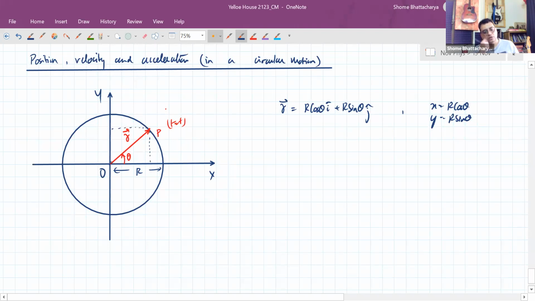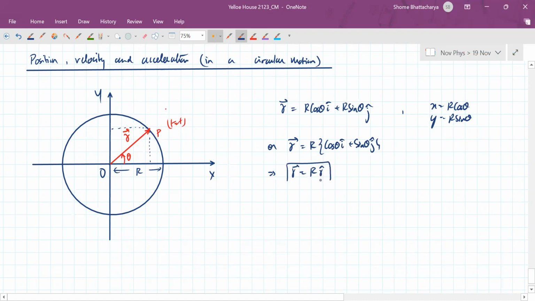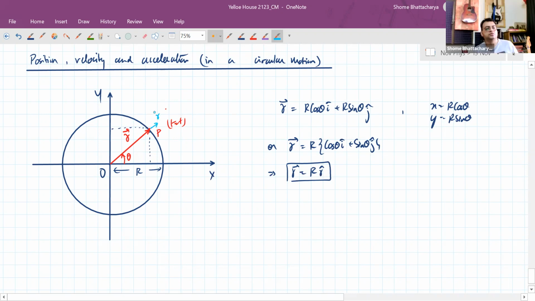So we can express the position vector as capital R into cos theta i cap plus sin theta j cap, where that is nothing but the radial unit vector r cap. R cap is a unit vector like this. Theta cap is a unit vector like this.